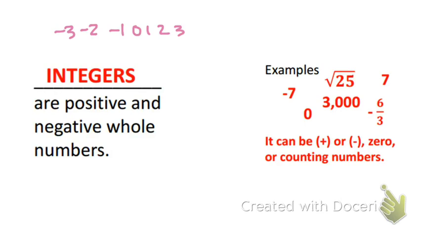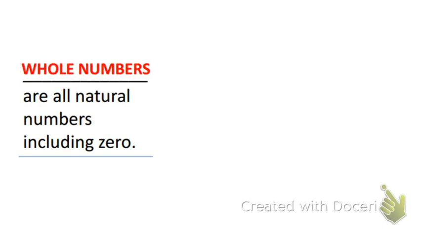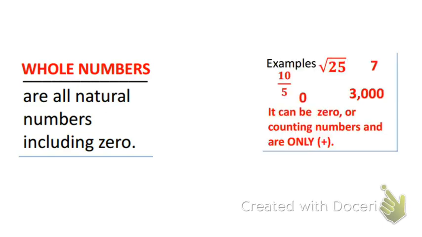Think of the number line. Next, whole numbers are all natural numbers including 0. So make sure you include 0, 1, 2, 3, 4, and so on. They are not negative numbers, so they're positive. They're always positive, and you start with 0.